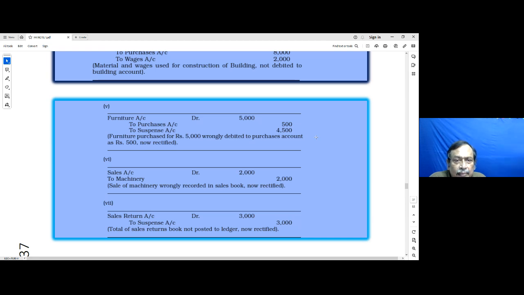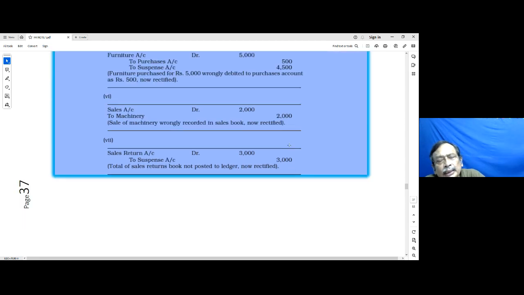That is, furniture purchased for rupees 5,000 wrongly debited to purchase account as rupees 500, now rectified. Then you have sold the machinery and it is credited in the sales account. So that's why sales account is to be cancelled. So sales account will be debited by 2000 to machinery account 2000.